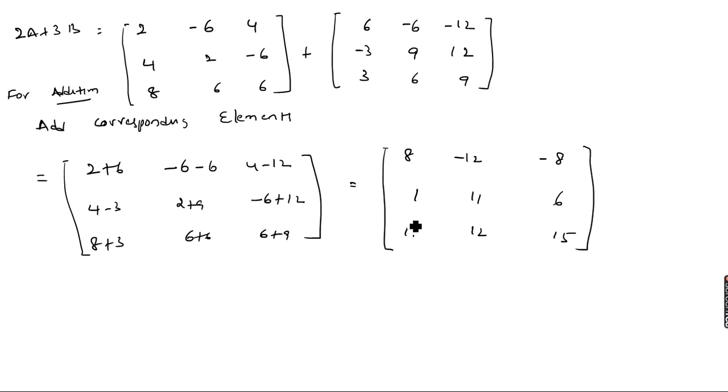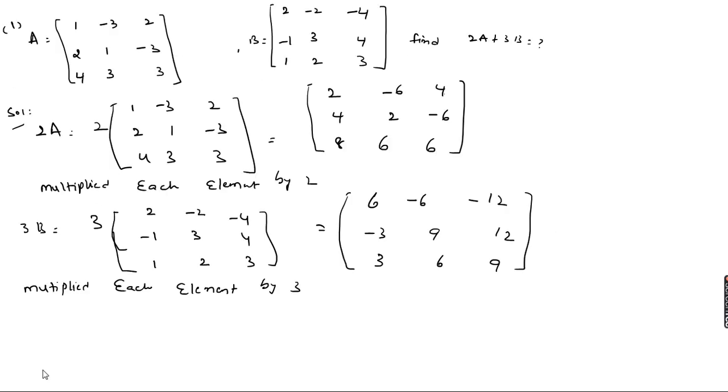This is nothing but 2A plus 3B. So let us recall the problem. Given the A matrix and B matrix, we need to find 2A. 2A is nothing but 2 into A, where each element is multiplied by 2, and similarly 3B is nothing but 3 into B, each element multiplied by 3.